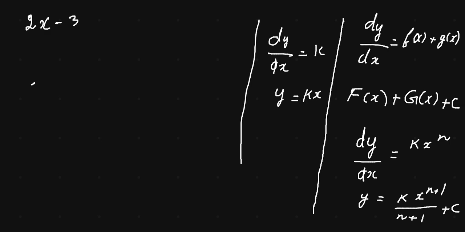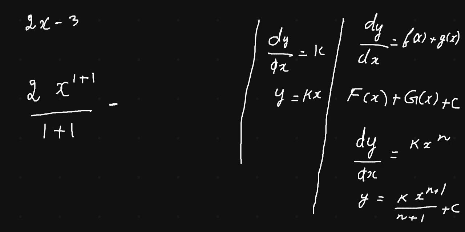Since n is 1, that is 2 x to the power of 1 plus 1, divided by 1 plus 1. Okay, that is the first antiderivative. Obviously there's going to be a plus c, a constant, but I'm going to ignore the constant for now.